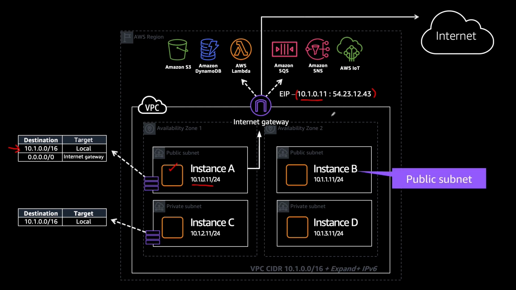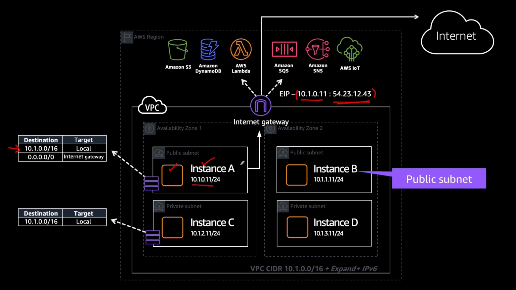Not only that, it can also access the internet. One important thing to remember is that this public address is not visible to the instances. So if you log into this instance and type ifconfig or ip a, you will not get this public IP address.